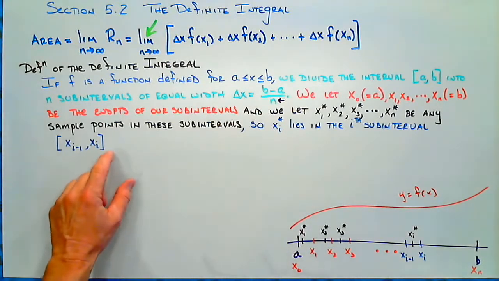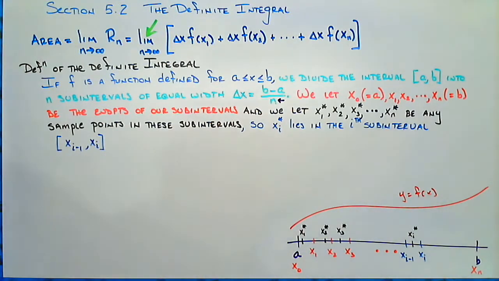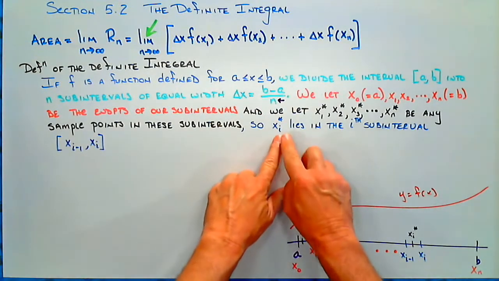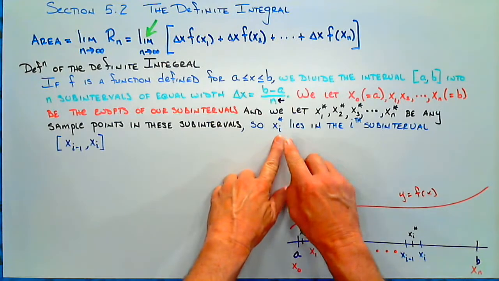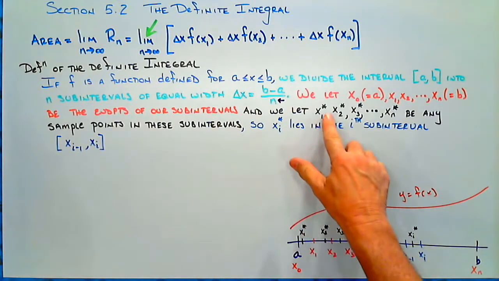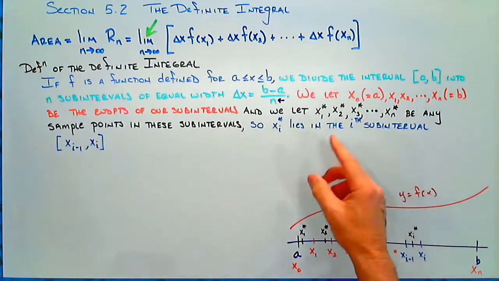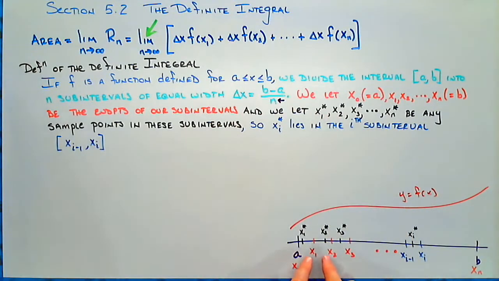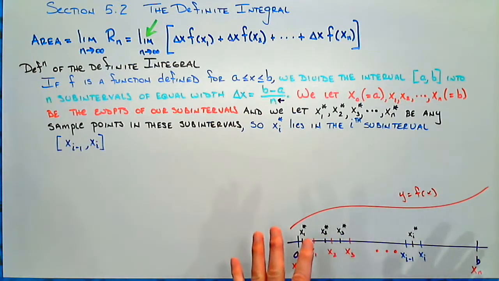That's what he's telling us right here. He's just telling us, if you want to find x sub i star, let's just make it 19, you're going to find that between x sub 18 and x sub 19. He's just wanting us to understand where each of these sample points lie. He doesn't want us to think that 2 of them could be in the first interval, 3 of them in the second, etc. There's 1 per interval, and this is the rule on where they live. Okay?